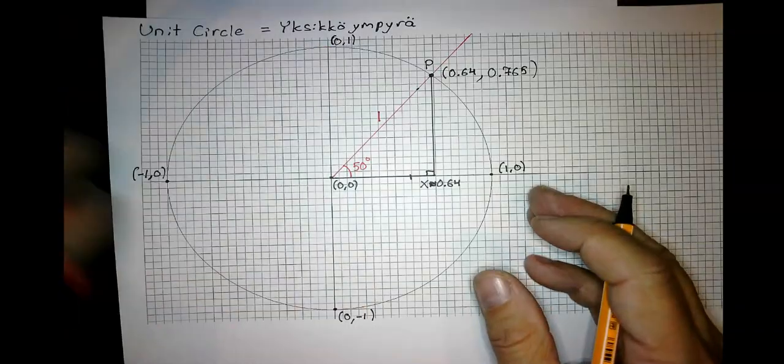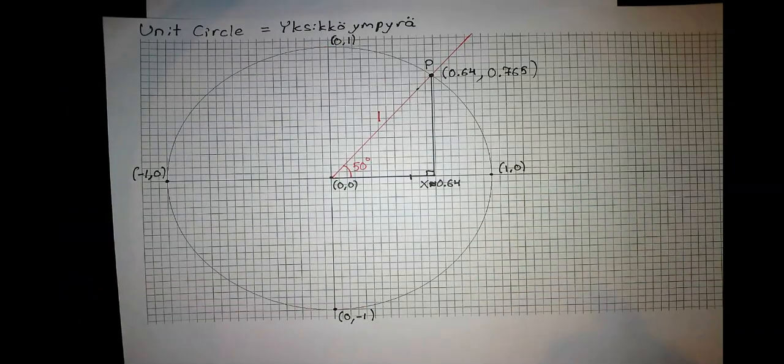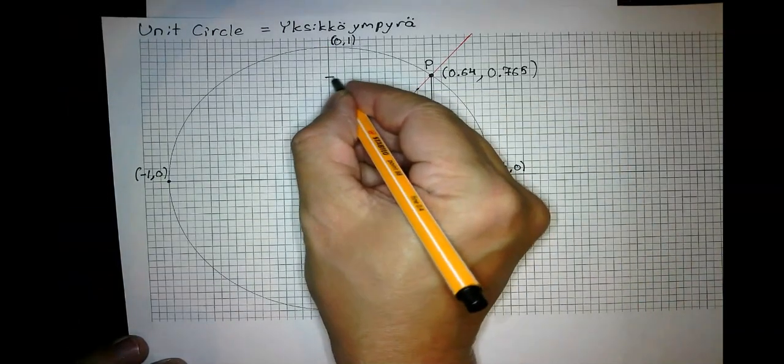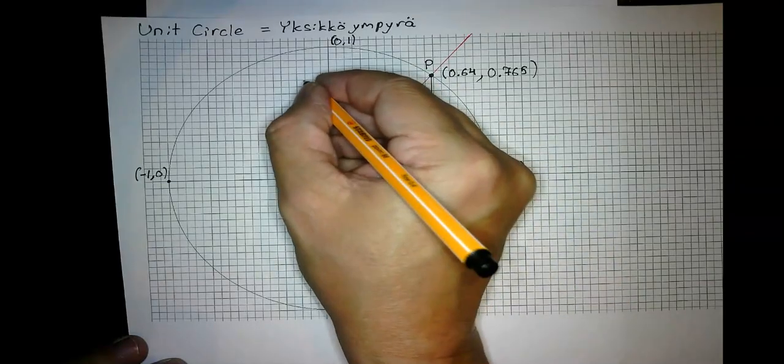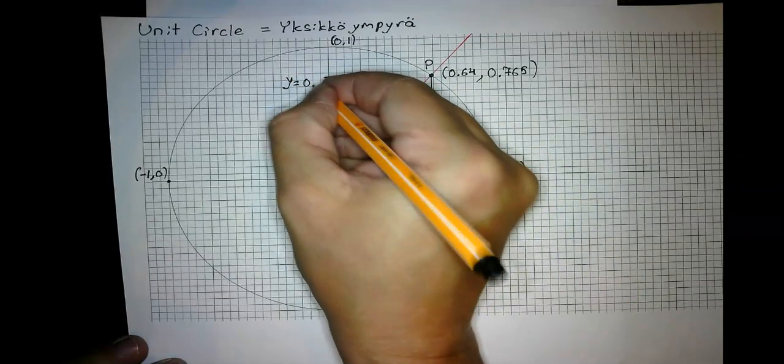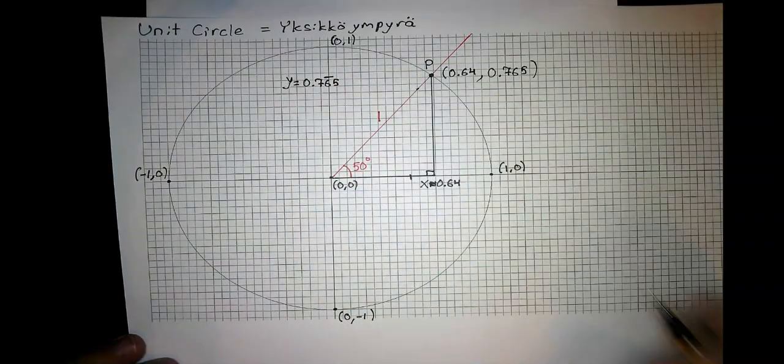These are only approximate values which I can somehow measure from my picture. So this is the y coordinate, it is 0.765.